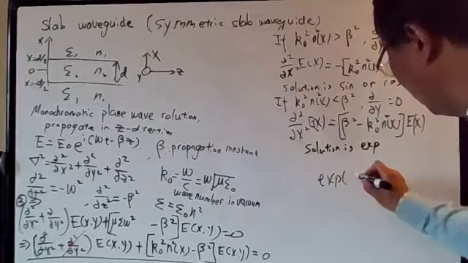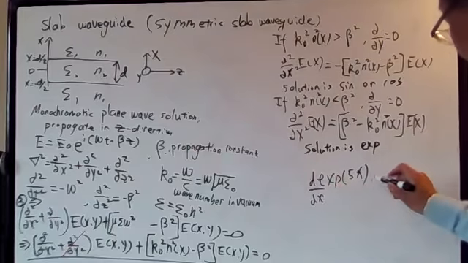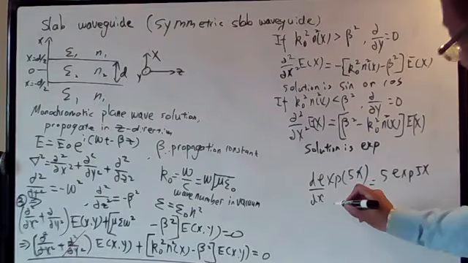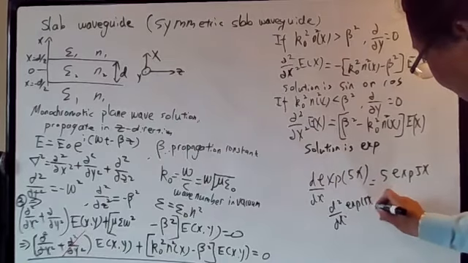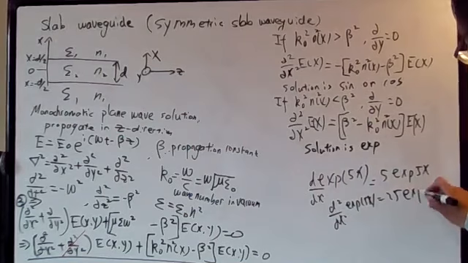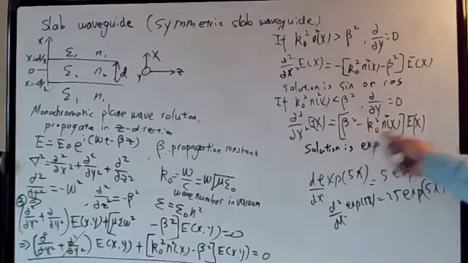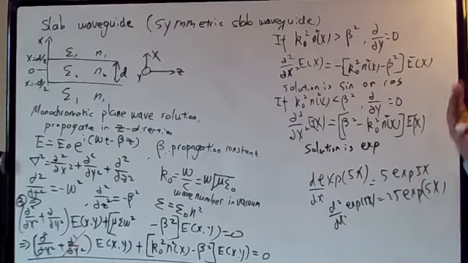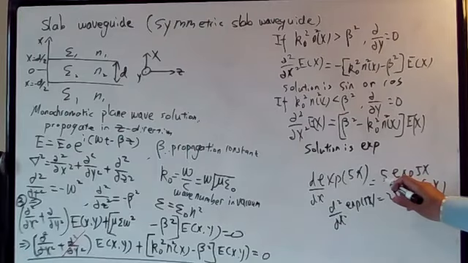For example, let's take exponential 5x. Take a derivative of it and it becomes 5 exponential 5x. Take another derivative, d dx square of exponential 5x equals 25 exponential 5x. So the second derivative of this function is the function itself times a coefficient, so this function could be exponential. But if I want a negative, it won't work.